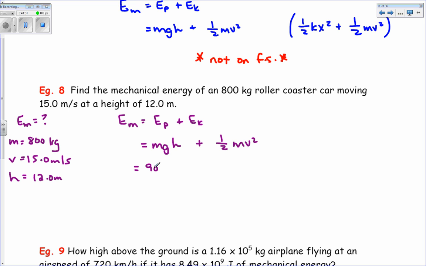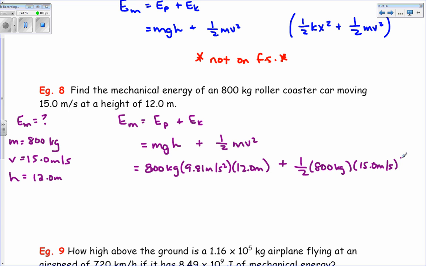So 800 kilograms, thinking about the elephant, times 9.81 meters per second squared, times 12 meters, plus 1/2 times 800 kilograms times 15 meters per second, and that's squared. And be careful, because a lot of students will write this down and even write down the squared here, but then they'll forget to square that velocity when they're actually calculating it.